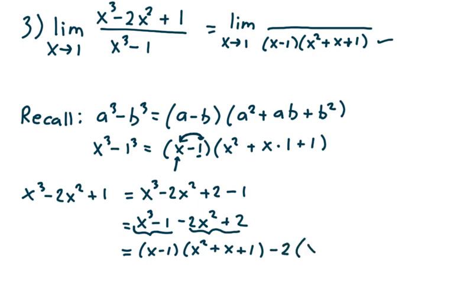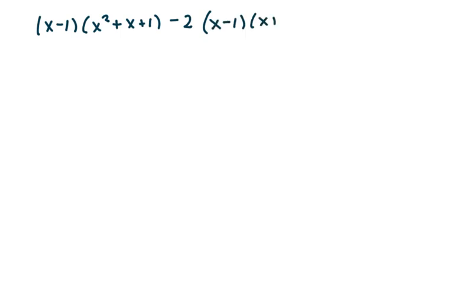When I do that, I get x squared minus 1. But x squared minus 1 can be factored. And so this is x minus 1 times x squared plus x plus 1 minus 2 times x minus 1 times x plus 1.